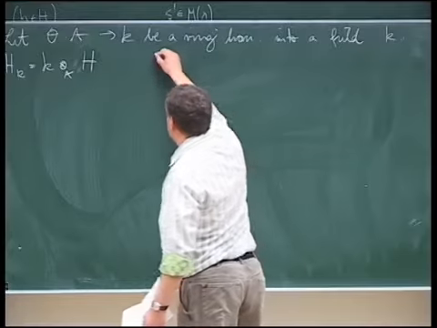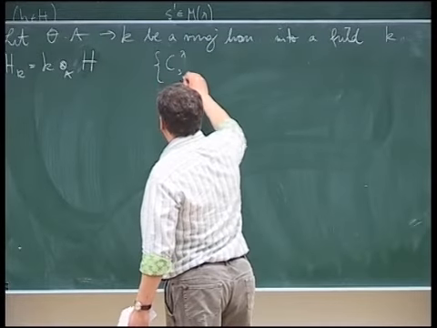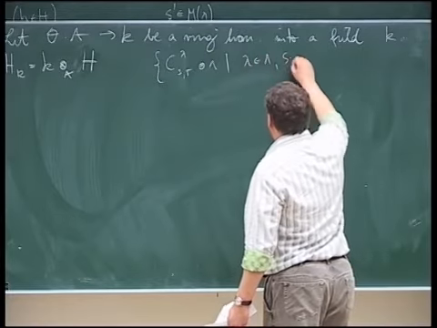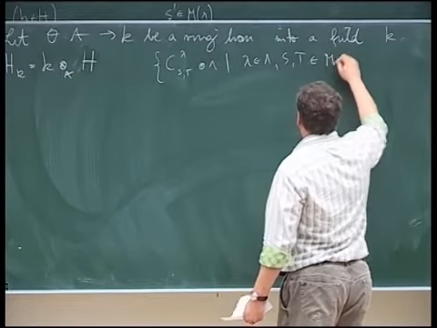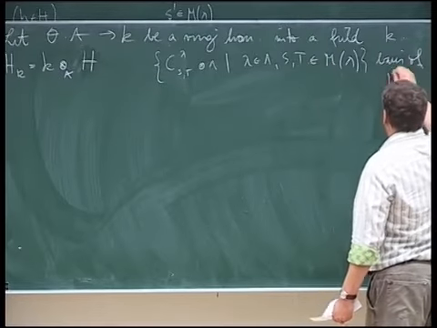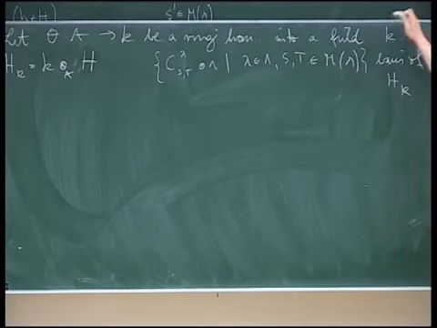So we get a basis, tensor 1, which is a basis of H K, which has these nice properties.